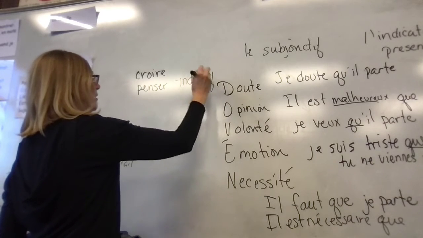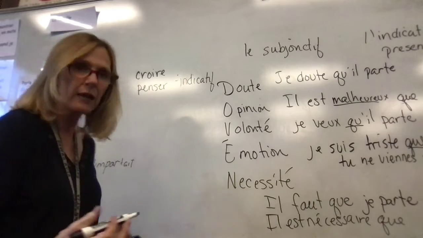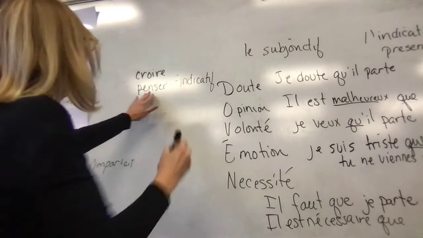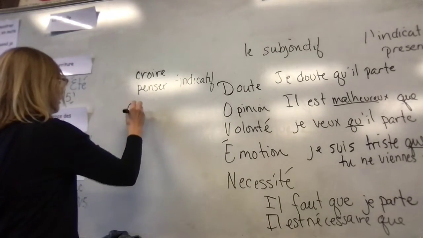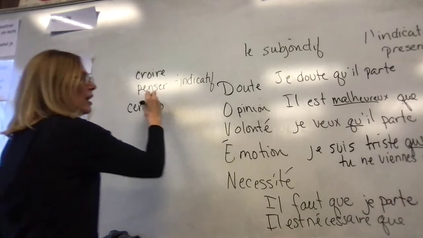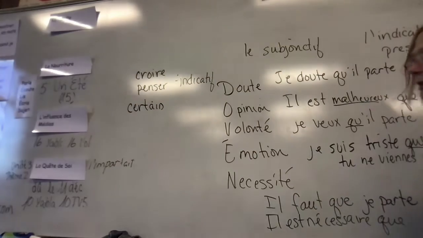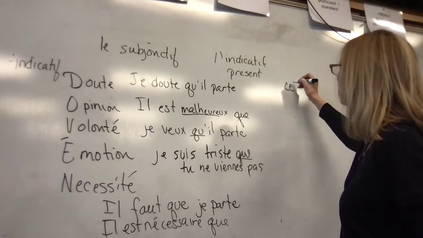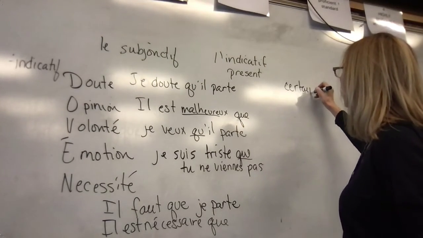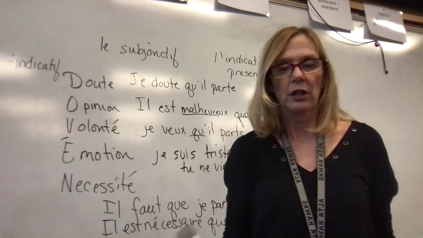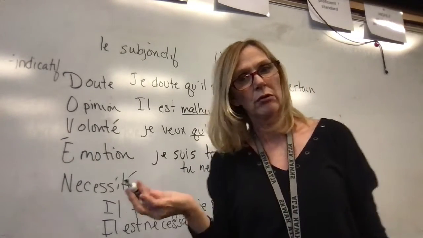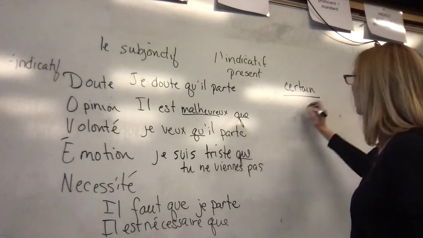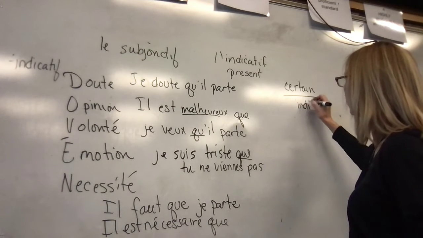Indicatif. Okay? But anytime you take an expression of certainty, so anytime you are certain, over here under the indicative, if you are certain, je suis sûr que, je suis certain que, okay? If you're certain, that's indicative. That is not doubt.